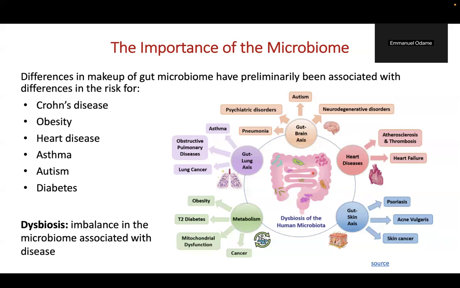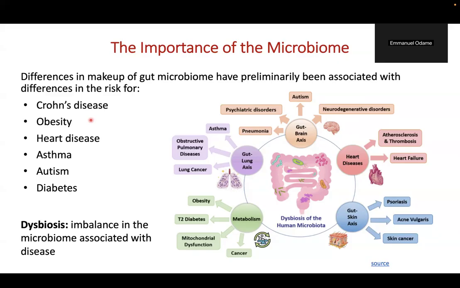As much as they are important for our well-being, there have also been some preliminary studies associating them with risks involving certain diseases and certain lifestyle changes. Some examples include Crohn's disease, obesity, heart disease, asthma, autism, and diabetes.